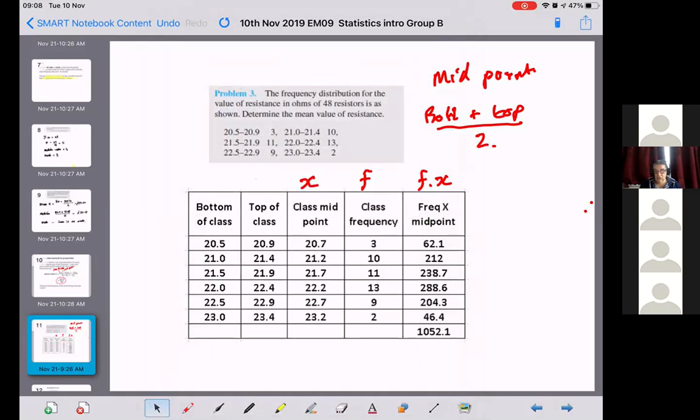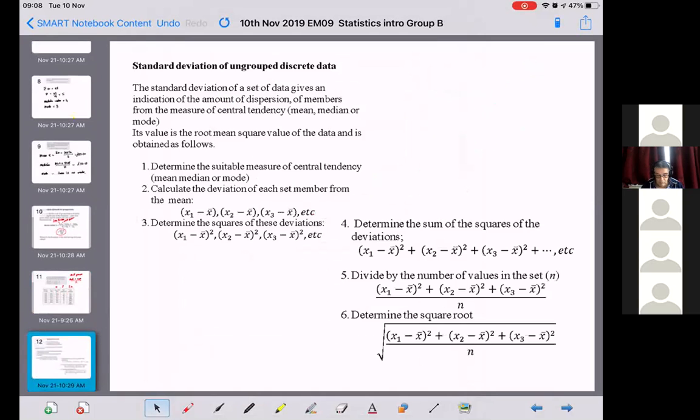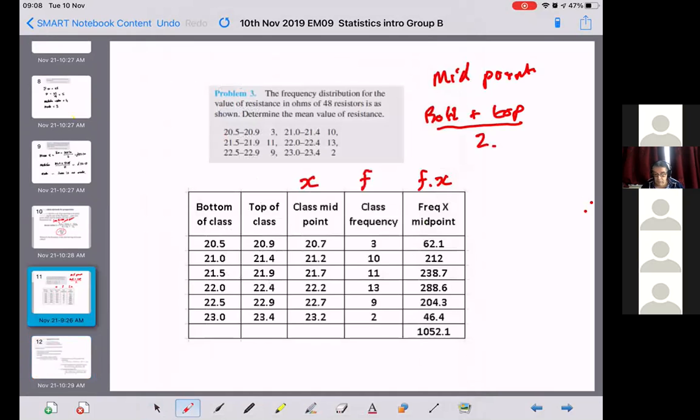And there are your frequencies. And down the bottom, this is the sum of frequencies, so that's all these ones added together.